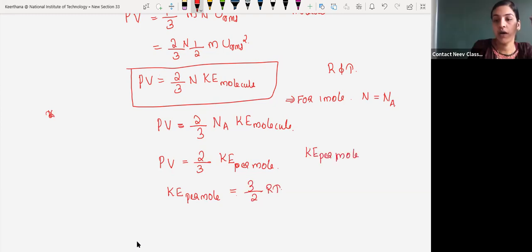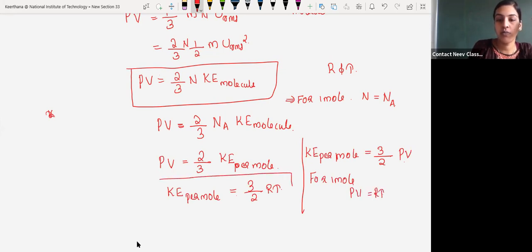So kinetic energy per mole is equal to 3/2 into PV. And I know for 1 mole, PV is equal to RT. So I can write kinetic energy per mole is equal to 3/2 RT.